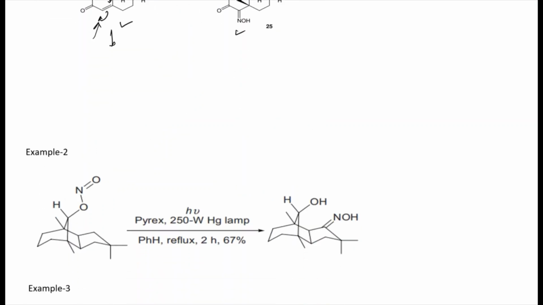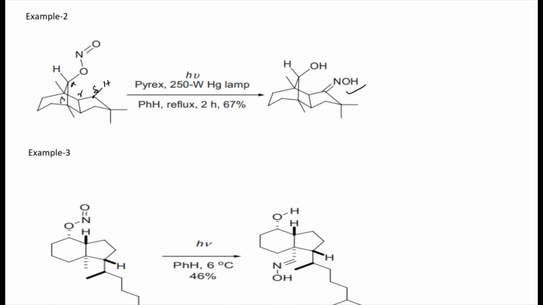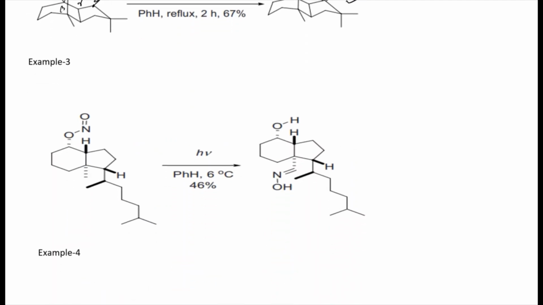Now we'll come to example 2. For this, if you see here, this is alpha, this is beta, this is gamma, and this is delta. So from this hydrogen, the product will be formed here. So this will be the product. The oxime will be formed on this carbon. Now we'll come to the next example.